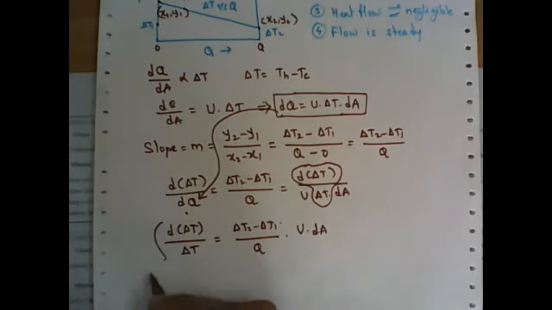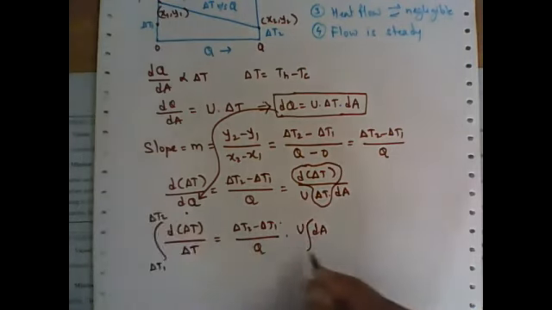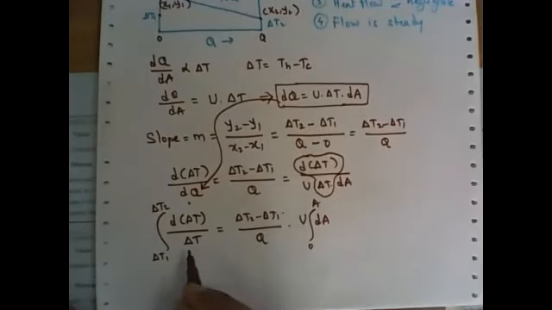So we can apply this integration, the limits delta t1 and delta t2, and here 0 to A. So we can solve this integration. The integration of dx by x, that is 1 by x of dx, is nothing but ln of x. So we can write ln of delta t, and the limits are delta t1 to delta t2.